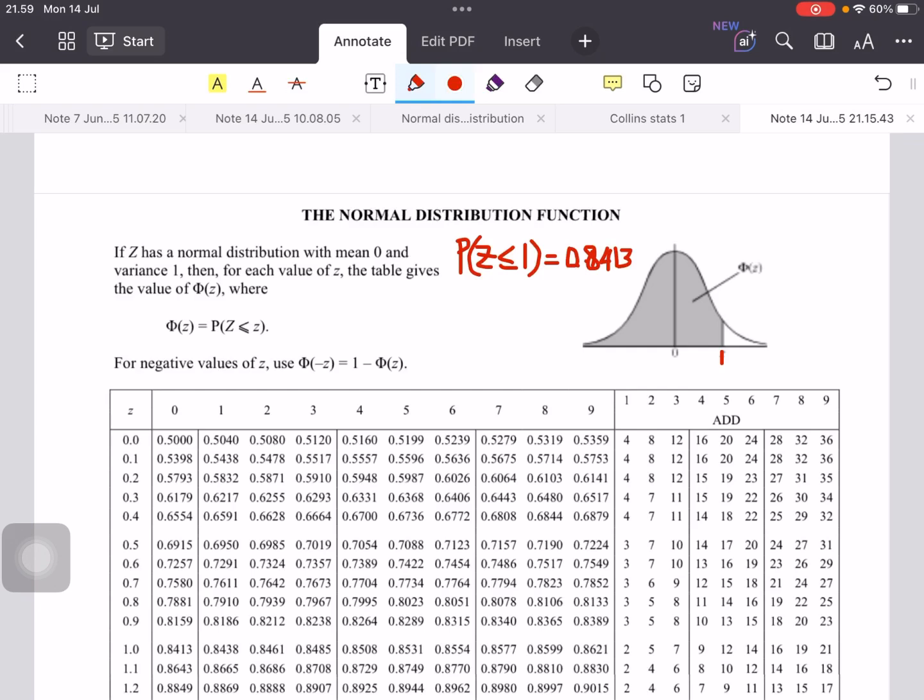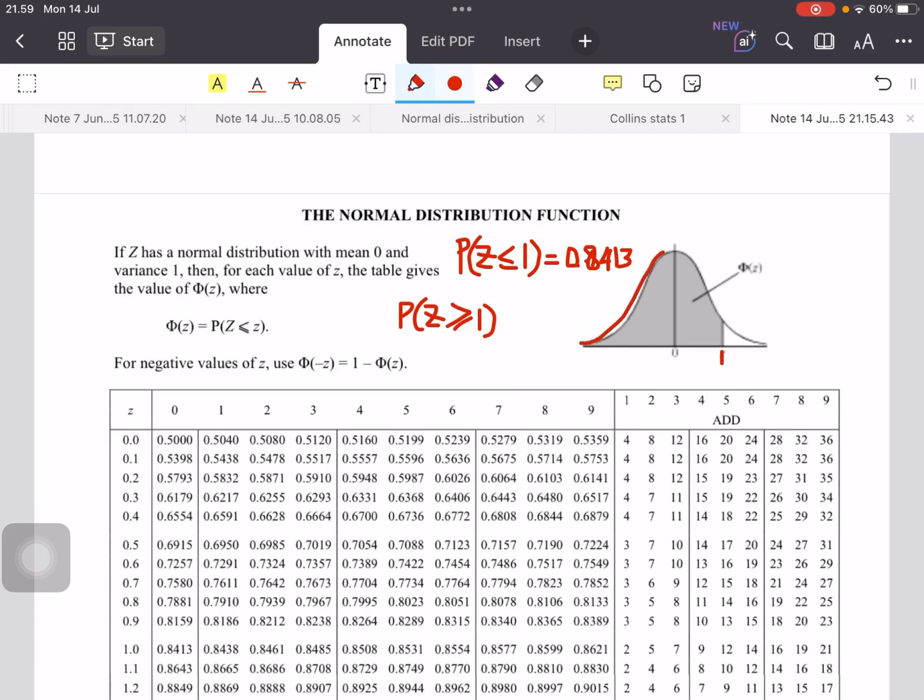Maybe some of you ask, what if you want to find the probability that z is greater than a certain value? For example, the probability of z greater than or equal to 1. As I have explained before, the total area under this curve is 100%, or 1.